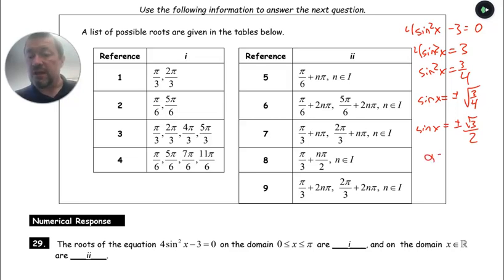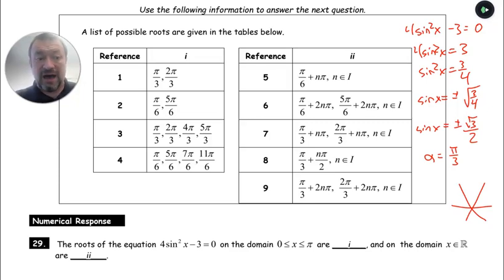My reference angle, and I typically use the variable alpha for the reference angle, is going to be pi over 3. That's the smallest angle between any terminal arm that satisfies this equation and the x-axis. So I am chopping up the top half of the circle into 3 and the bottom half of the circle into 3.